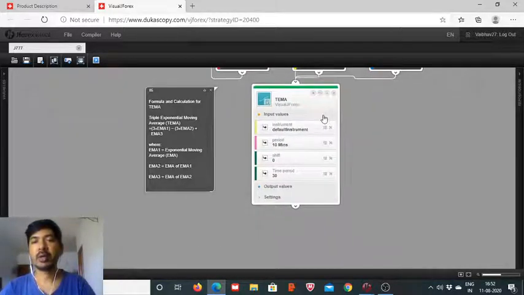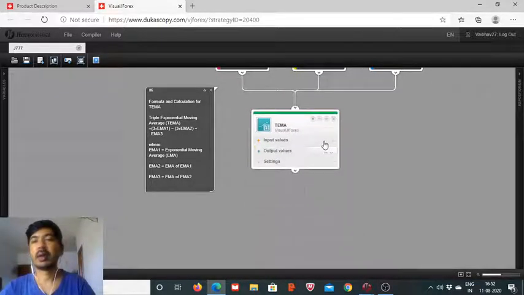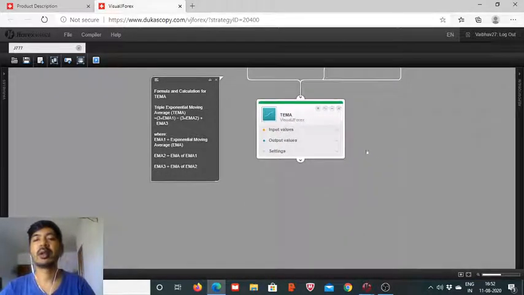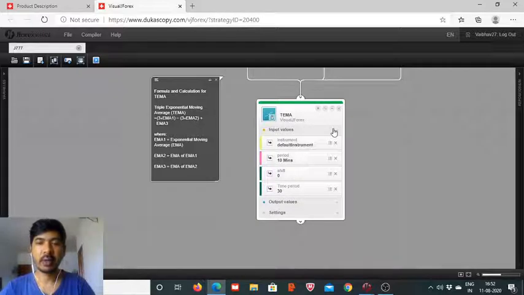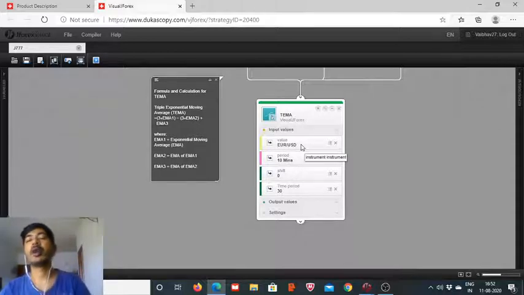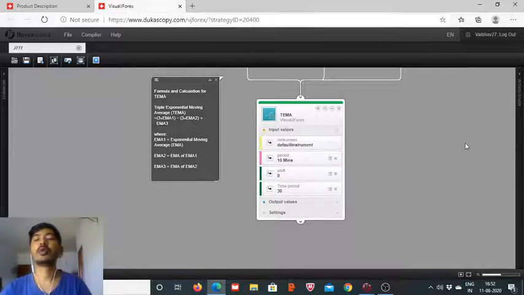Then coming to the input values, as we have done in earlier sessions as well. Still, if you are new to the session, I would like to explain that this default instrument is the instrument of our choice on which we want to design the algorithm. Suppose you want to use the EUR/USD, then you don't have to make any changes.